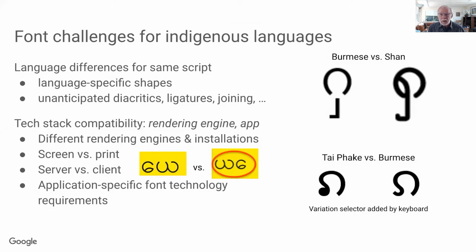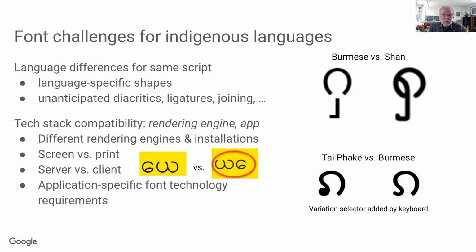One example is Yoruba, which has diacritic marks on characters that are not generally expected by most Latin fonts. And in this case, the accents may appear incorrectly positioned or may not appear at all.